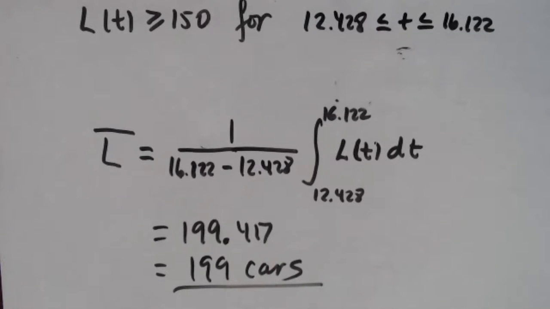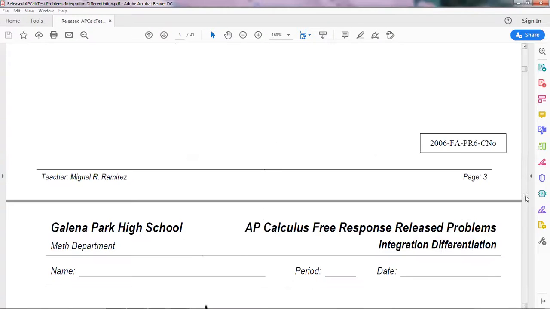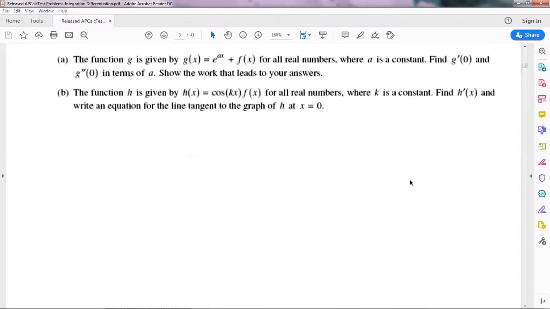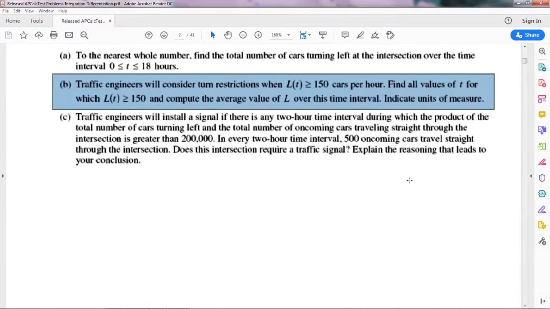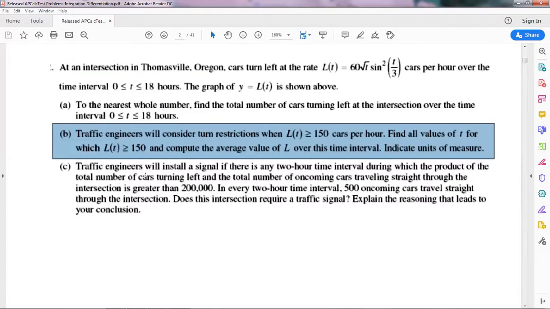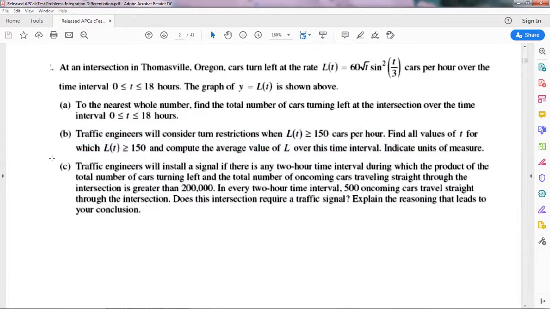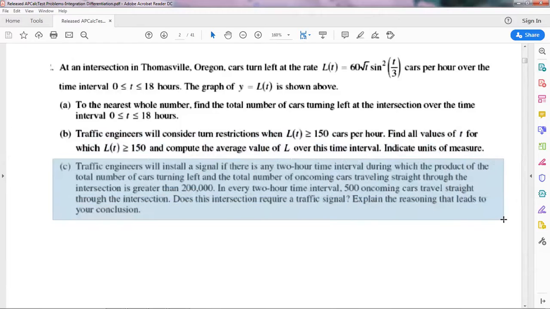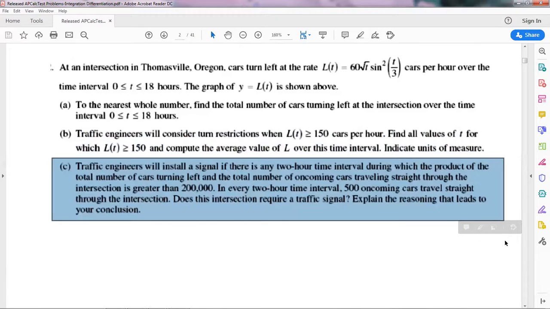And I have the next question. Oops. Here is the question. No. Okay, here it is. So the last question is: traffic engineers will install a signal if there is any 2-hour time interval during which the product of the total number of cars turning left and the total number of oncoming cars traveling straight through this intersection is greater than 200,000.